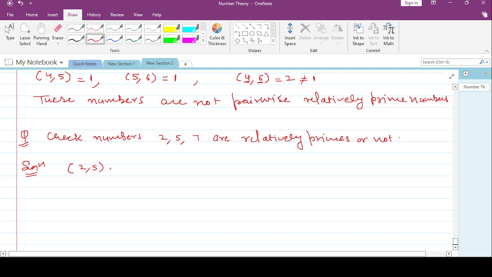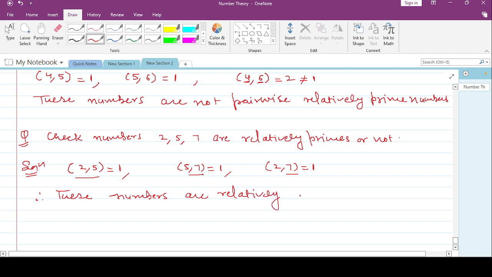Only one can be taken common. Now take the GCD of 5 and 7. Only one can be taken common. Now the GCD of 2 and 7. Only one can be taken common. So the GCD of all these pairs is equal to 1. Therefore we can say that these numbers are relatively prime numbers.